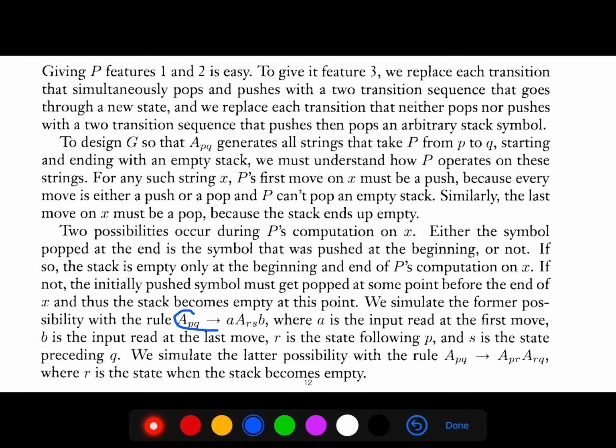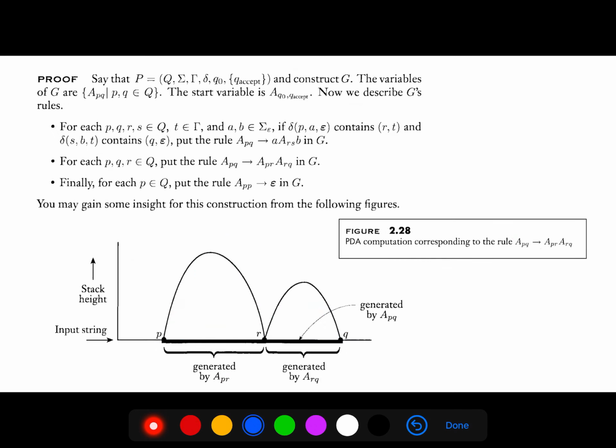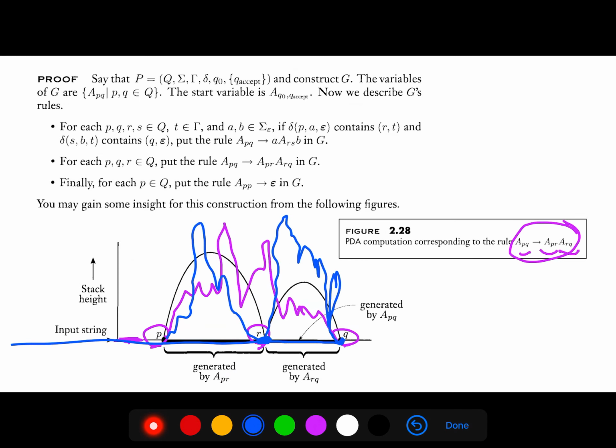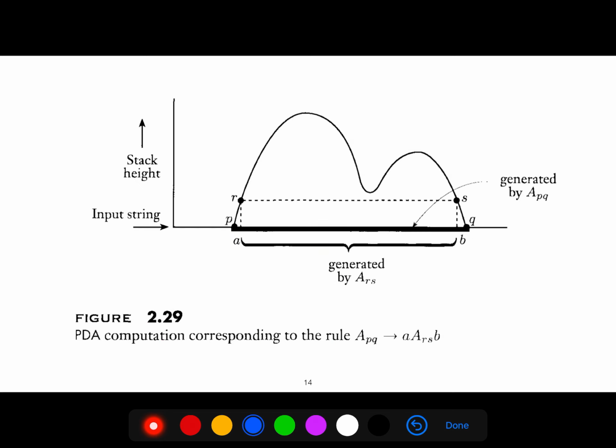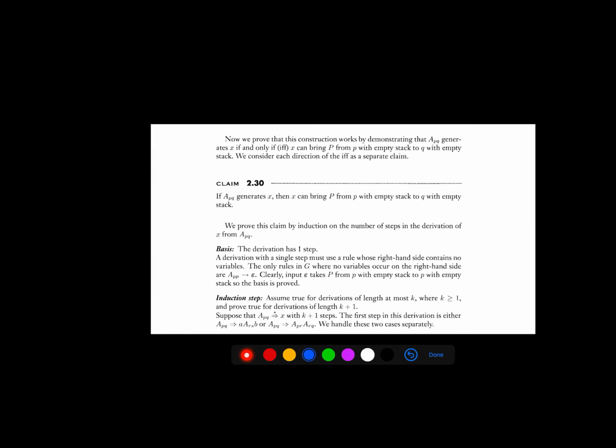So, for example, this is another rule. A is the input at the first move, B is the input read at the last move, and there are some intermediate things that we go from R to S. So finally, you either go from P to R, R to Q, or you have two things.